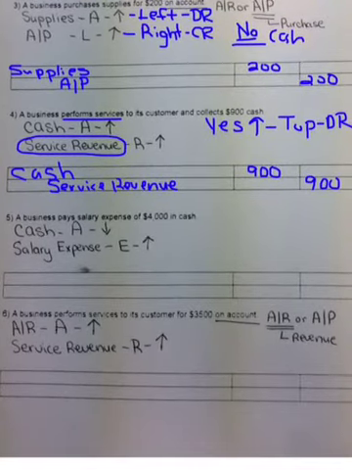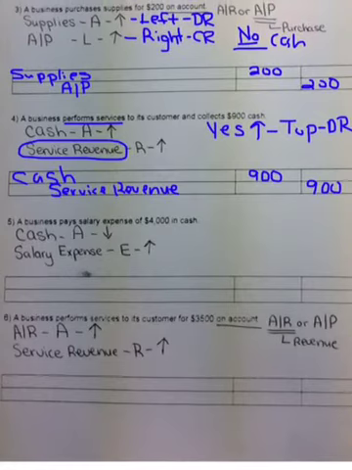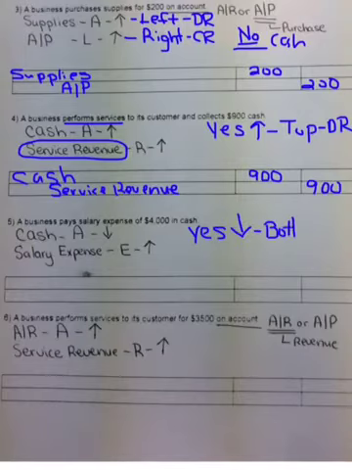what I am looking at here is a business pays salary expenses. So is cash involved in this one? Yes, it is. What's happening to my cash? Well, cash is going down. That means that my cheat says it's on the bottom as a credit. So now I can come in, I can indent over, put my cash in for that $4,000.